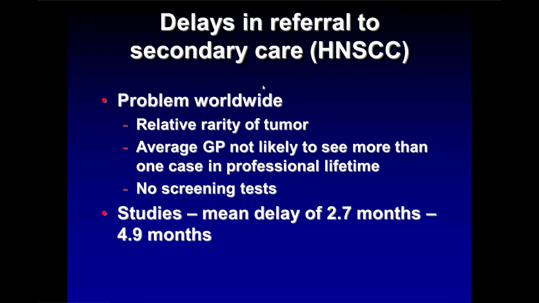There's no screening test necessarily to identify them, unlike cervical cancer and pap smears, that help to pick them up at an earlier stage. In general, some studies have shown a mean delay of 2 to even 4 months in referral to secondary care, which all impacts tumor staging and timely treatment.